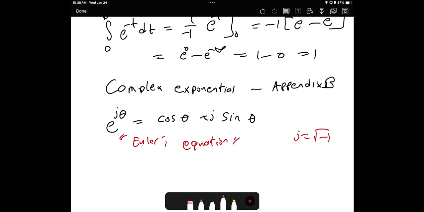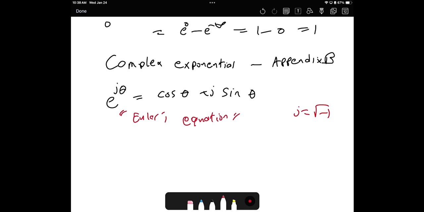This is very similar to, say, rectangular coordinates versus polar coordinates, where we write R and then an angle. I'm going to assume R can be a factor. Sometimes we say it's x plus jy. Whatever, let's just focus on the Euler formula itself.